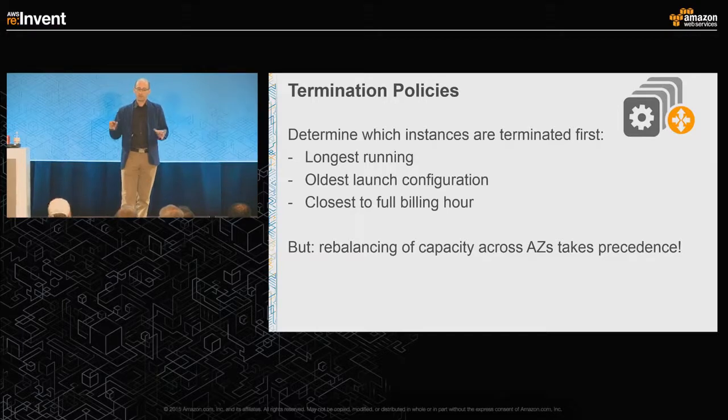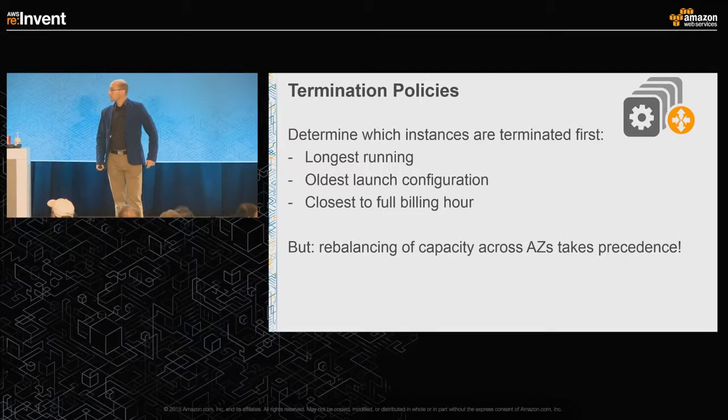So in our example, it was perfectly balanced. We had 2 AZs with 3 machines each. So that's fine. So it could take a machine from any of those 2 AZs, right? And then once it has figured out which AZ it should reduce the capacity in first, it will consult the termination policy that you've configured to decide which instance to pick.